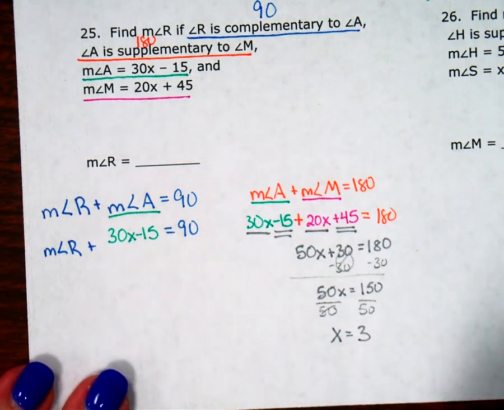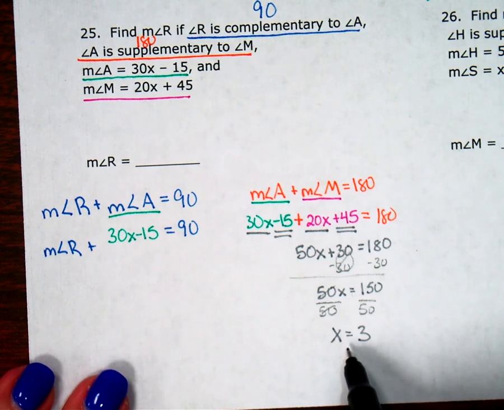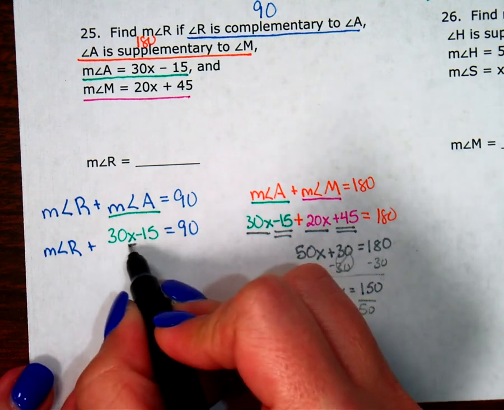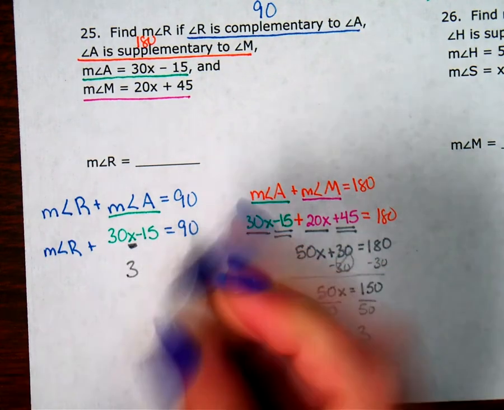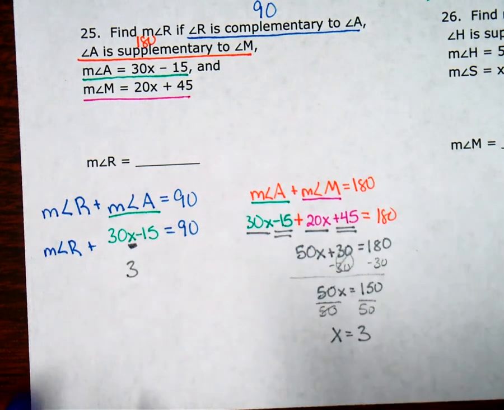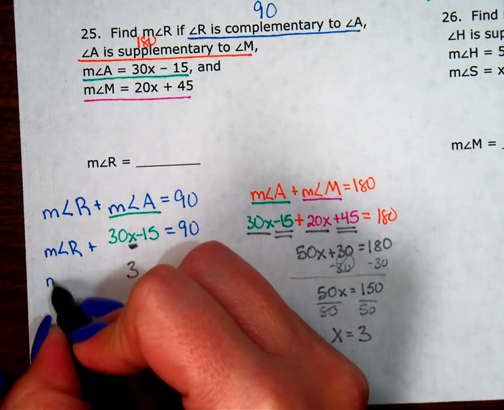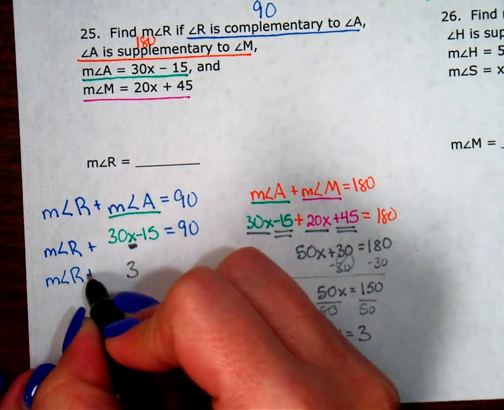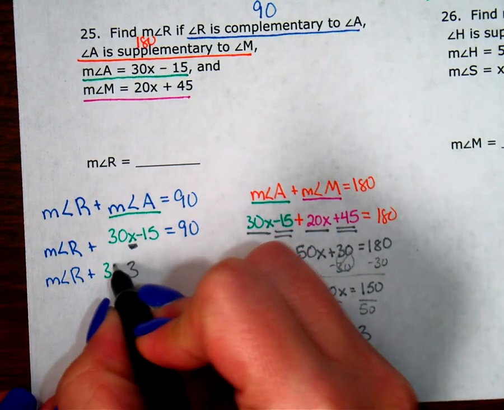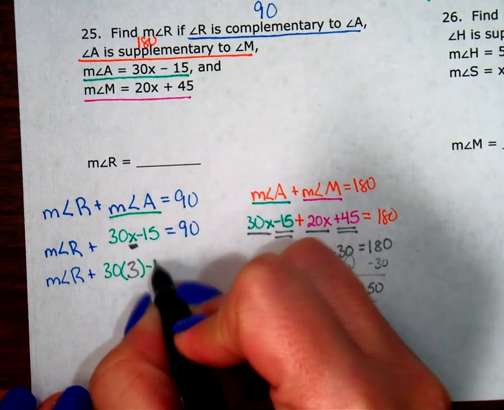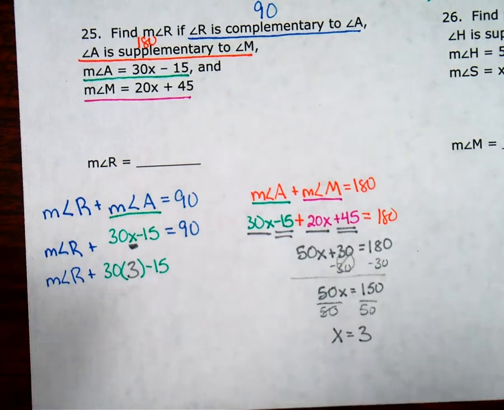Okay, so now I know that x is 3, which I can plug into this x over here, which is going to give me the measure of angle R plus 30 times x, which we know is 3, minus 15 equals 90.